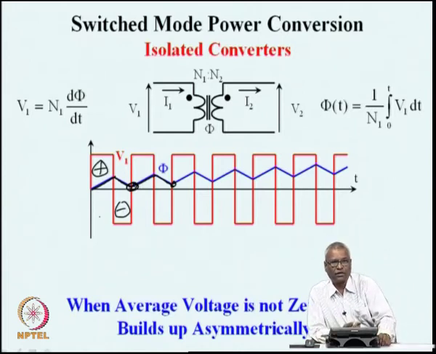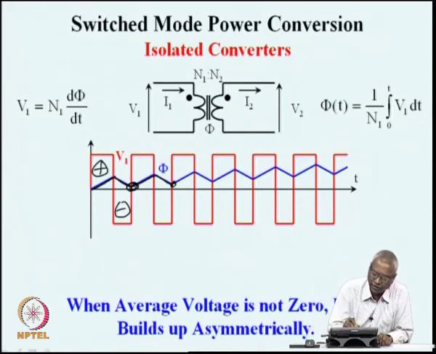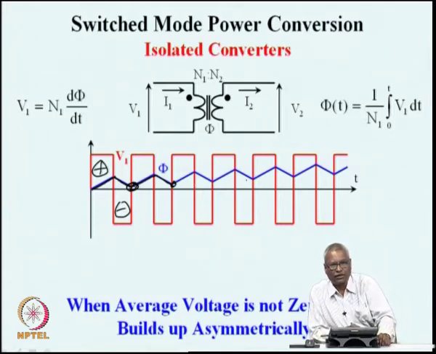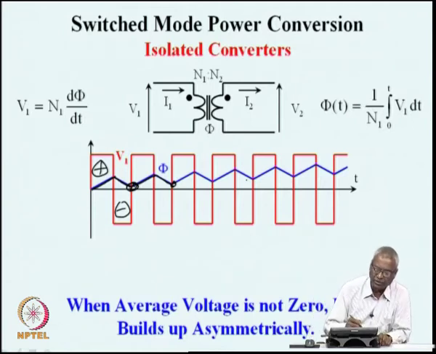You can see that the flux is now asymmetric and it builds up cycle by cycle. Over a period of time the accumulated flux moves the flux in the transformer to one side, either positive or negative, and this asymmetric operation is not desirable.